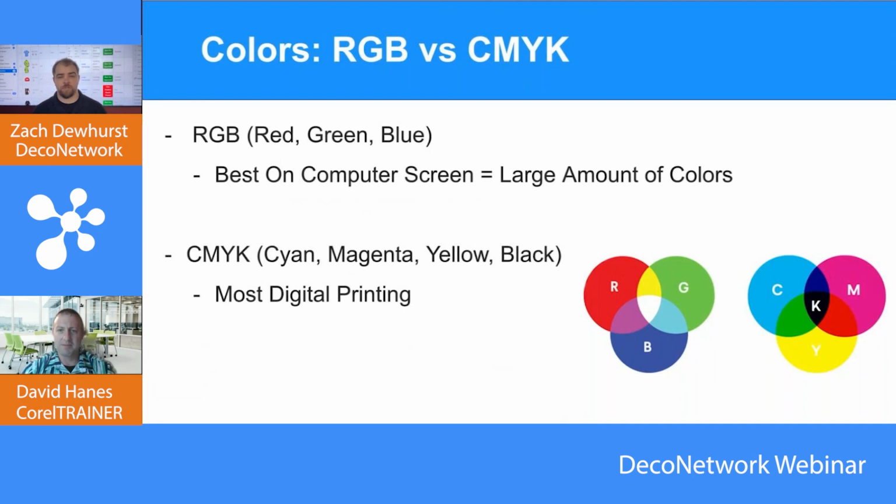We let the digital printer do that. So if we're going to do direct to garment, direct to film, sublimation, really any of those CMYK printing methods, we work in RGB, and then the RIP software right before it sends the artwork to the machine converts it to the CMYK profile to actually decorate the design.